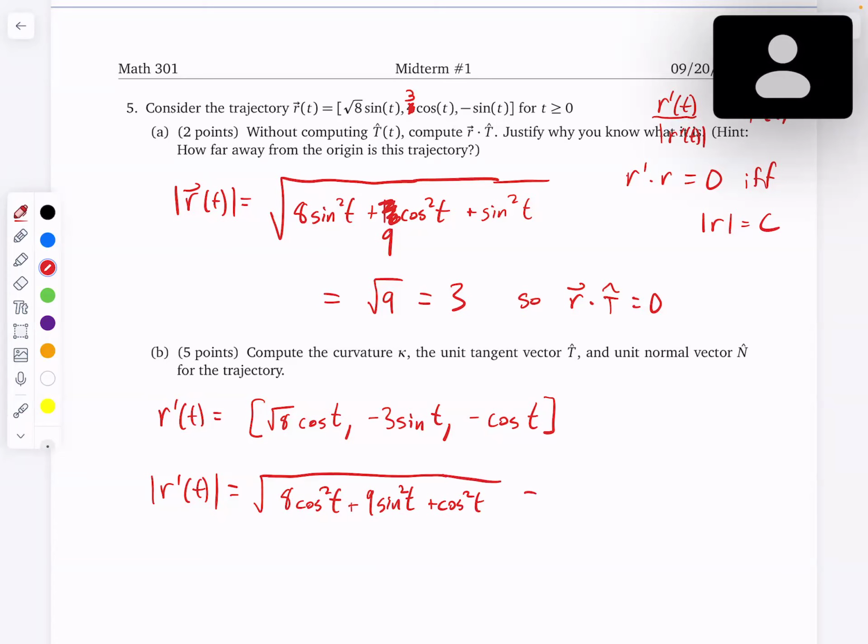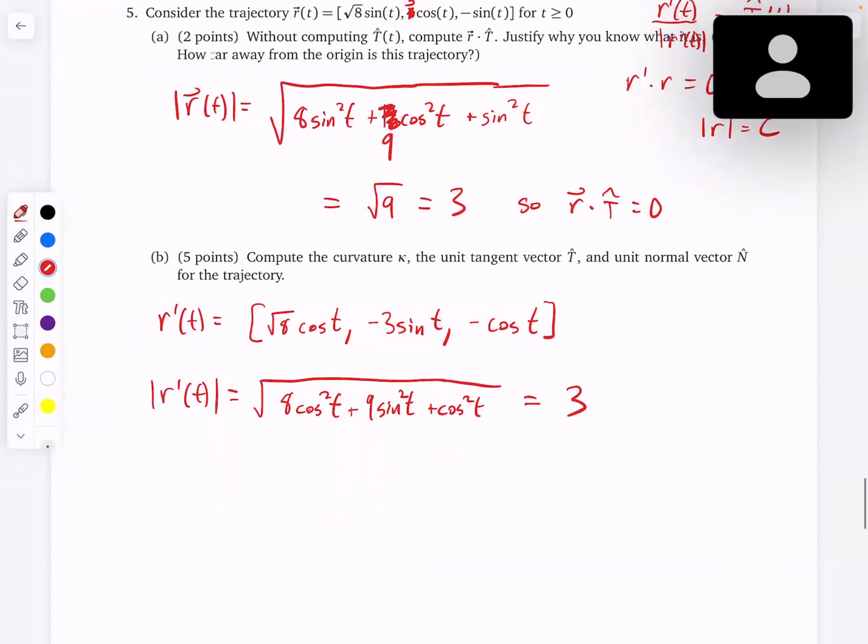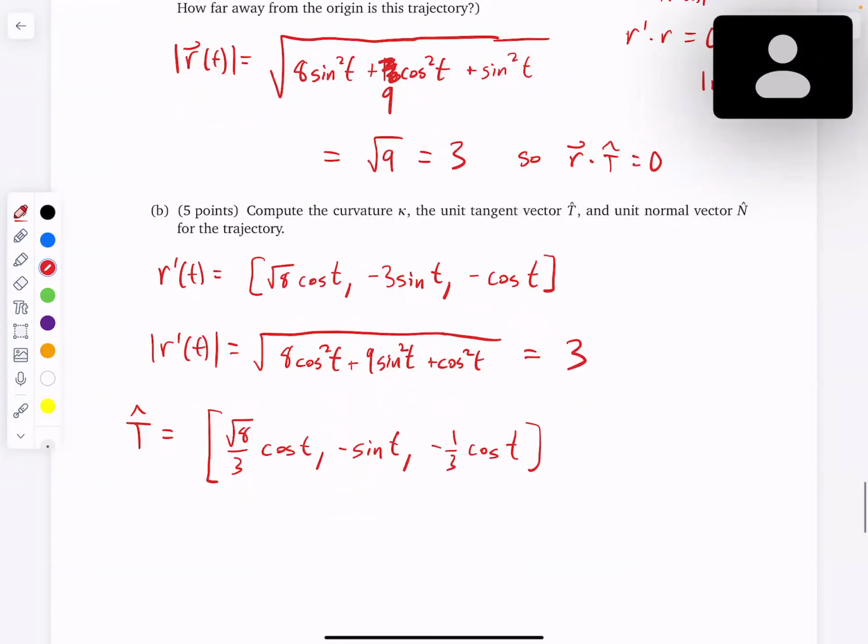And so just like before, this is going to be 3. That will equal 3. And so that means t hat is just going to be this vector over 3: root 8 over 3 cosine t, negative sine t, and negative 1/3 cosine t. So that's t hat.